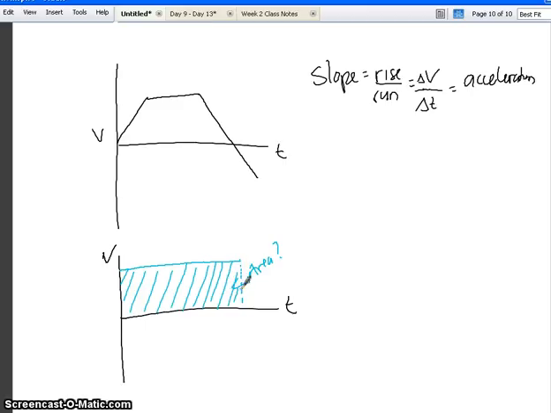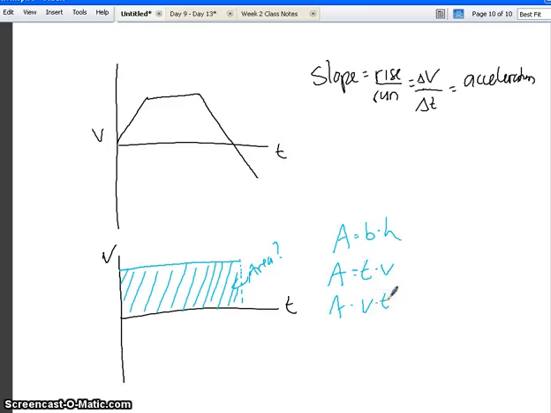Well, the area of this shape is equal to the base times the height, right? Or the area, in this case, is equal to the base, time, times the height, v. Time times velocity. I'm going to rewrite that as velocity times time.